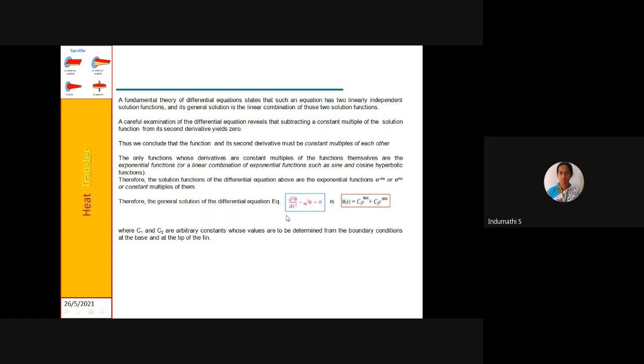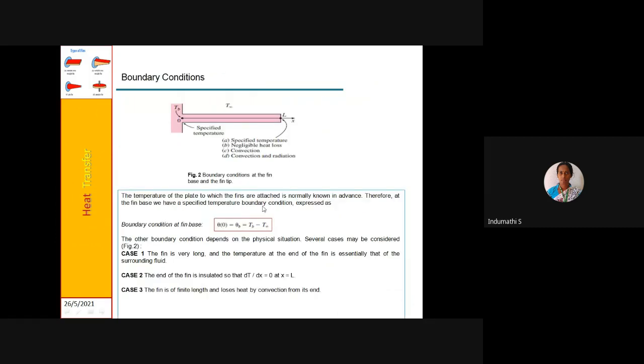Therefore, the general solution of the differential equation, d square theta by dx square minus m square theta is equal to 0, is theta of x is equal to c1 e to the power minus mx plus c2 e to the power mx, where c1 and c2 are arbitrary constants whose values are to be determined from the boundary conditions at the base and at the tip of the fin. These are the boundary conditions at the fin base and fin tip.